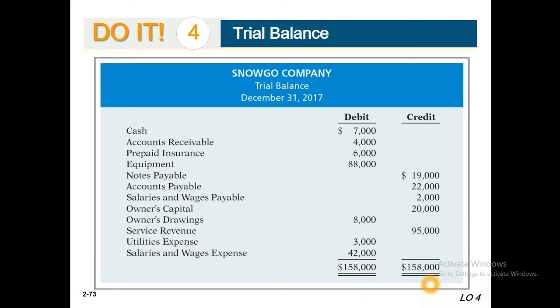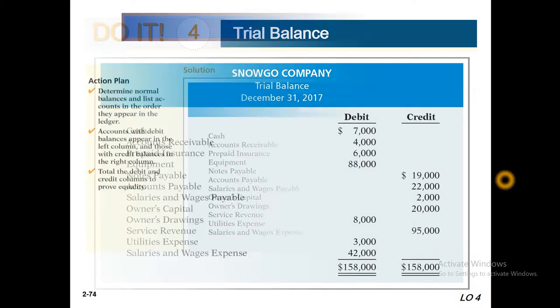Okay, this is the trial balance. The trial balance is not a balance, but a check. Commonly, if we get debit equal to credit, we call it balanced, and in the trial balance we are examining whether debit and credit are equal or not. Okay, I think everybody is clear.